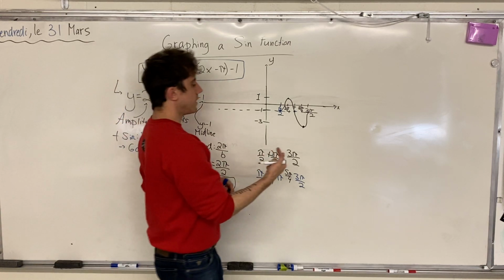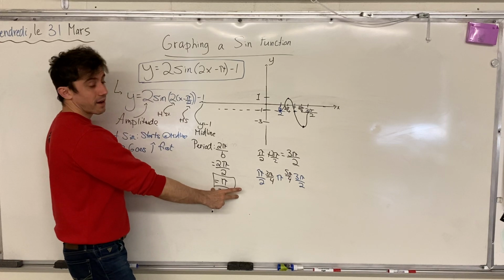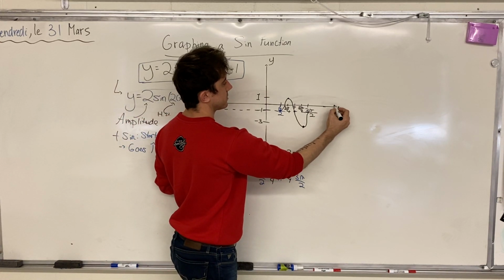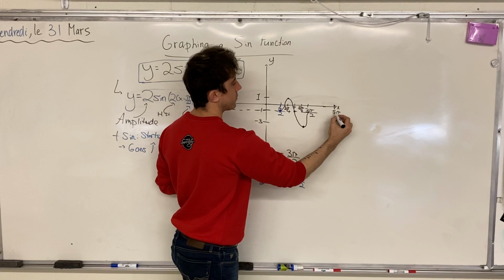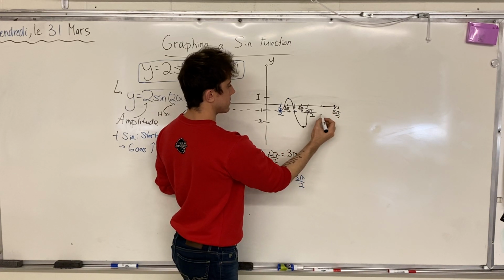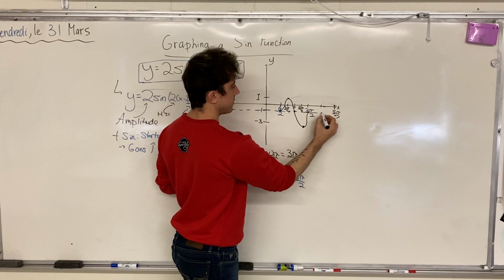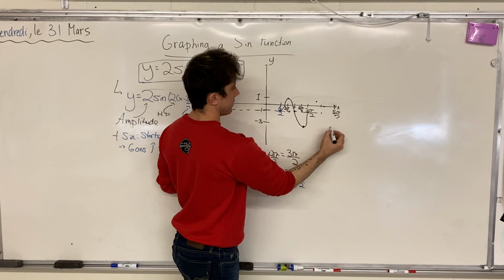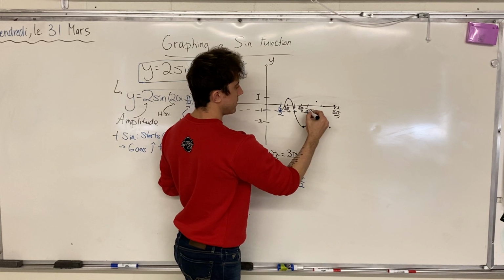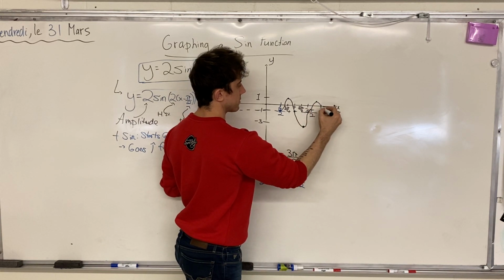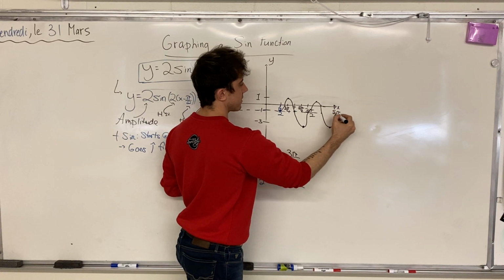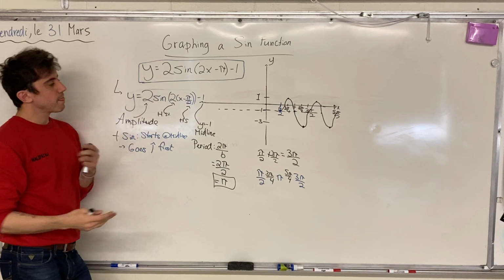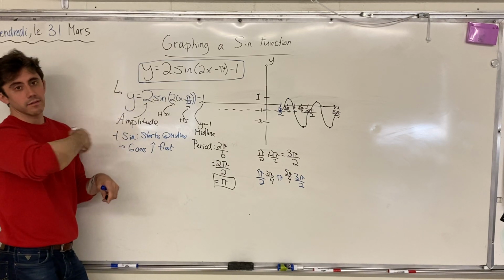We know that each period is going to be pi units, and so if we add pi units to 3 pi over 2, we'll get around 5 pi over 2, so then we can start plotting points again, here, here, our maximum, and our minimum, and then we could travel through another cycle's worth of this sine function, and we would go on forever and ever. There are no restrictions on the domain stated, and so in theory we could go on forever to the right and to the left.